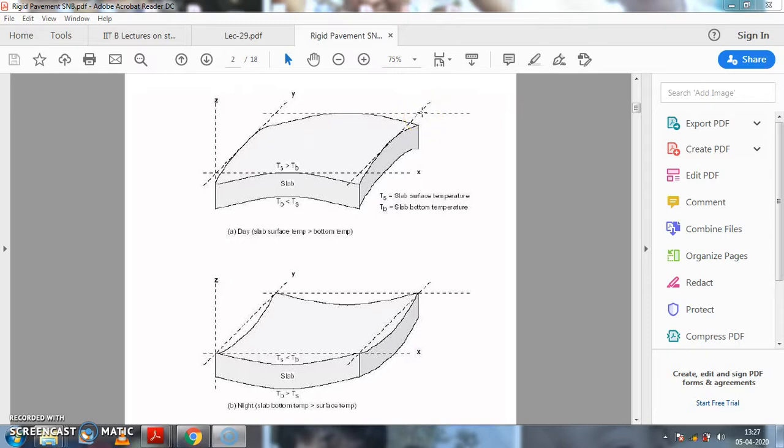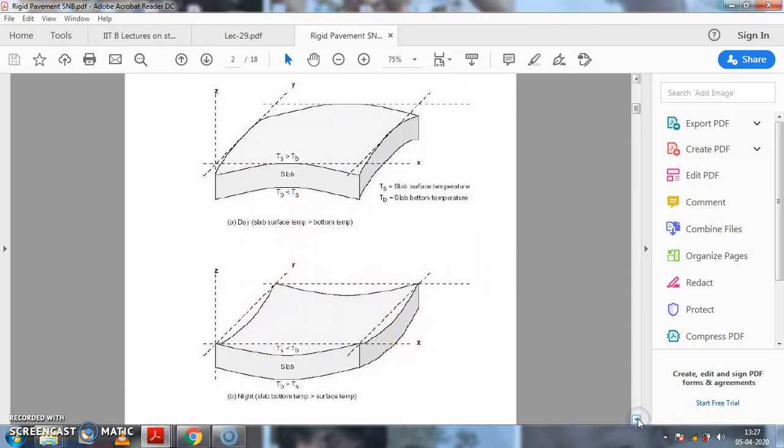So this incident will repeat not only for the day. This will happen for the night too, because at night we find that the bottom part of the slab is much hotter. Why? Because in the daytime the upper surface of the pavement is much hotter than the bottom part of the slab.